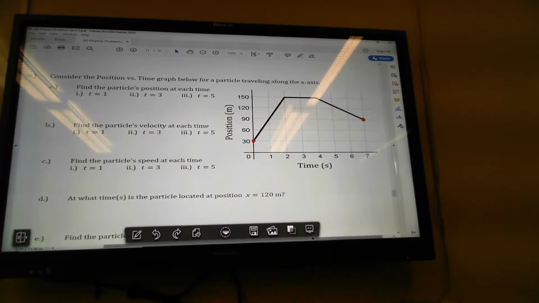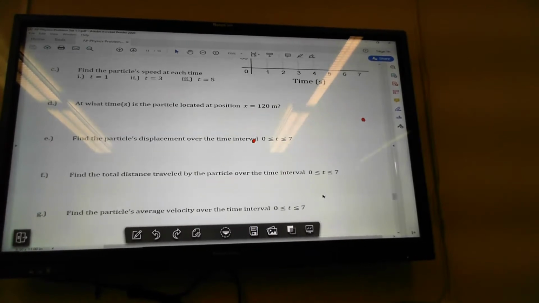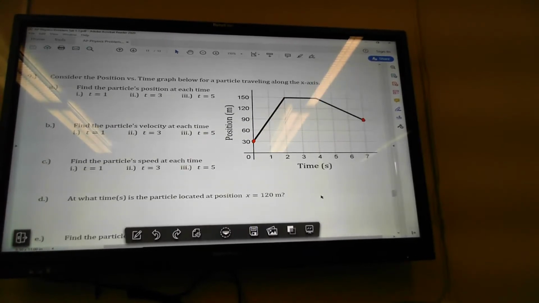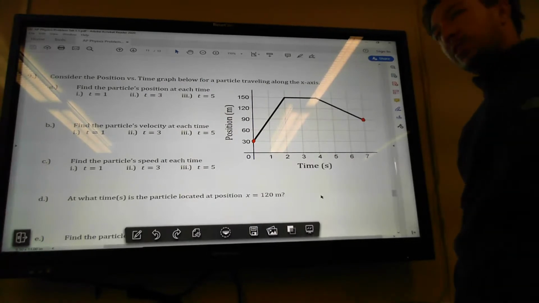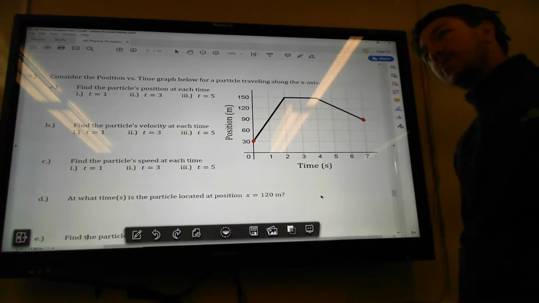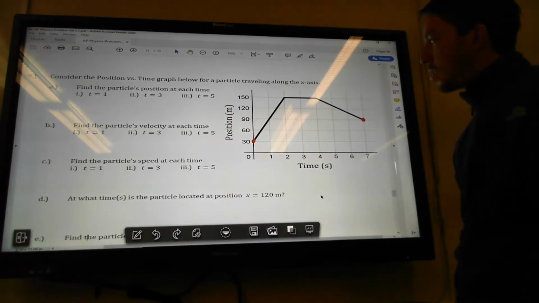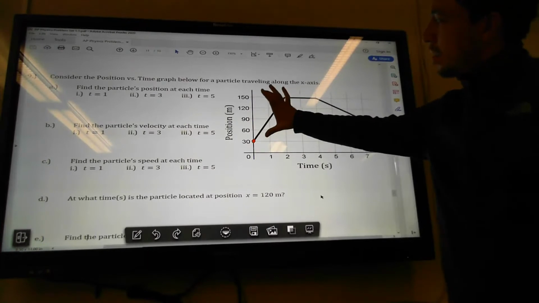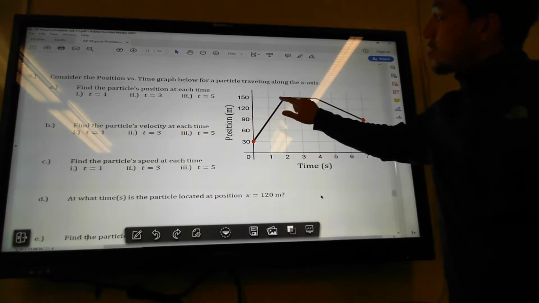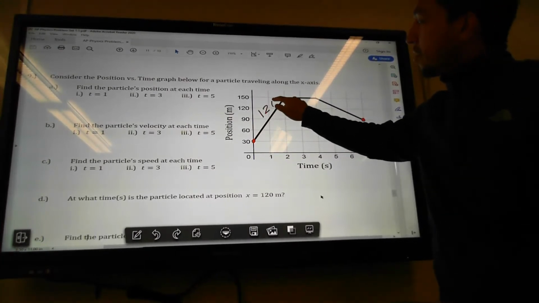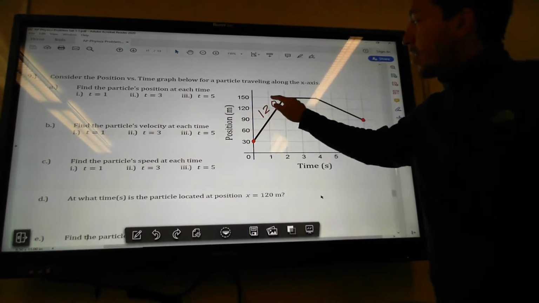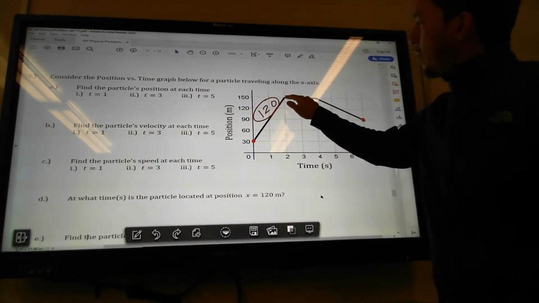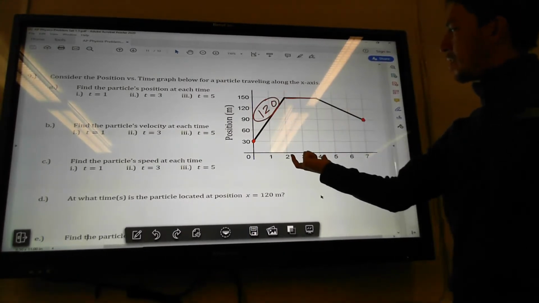Now, slightly more challenging would be, what is the total distance traveled from time 0 to time 7? This one's going to be a bit more involved. He went from 30 to 150, so he did 120 on this first leg. How far did he move during this time interval here? Zero.